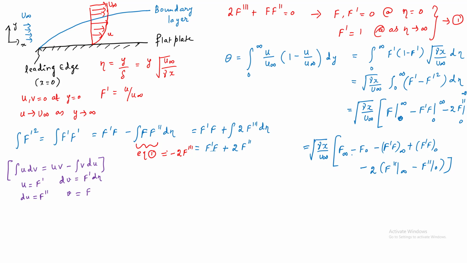So we need to know all these boundary conditions. Let's take them from the boundary conditions and try to solve this. Okay, f at infinity we don't have a boundary condition for, so let's keep it as it is. And f at η equal to 0 becomes 0 from equation 1, right?